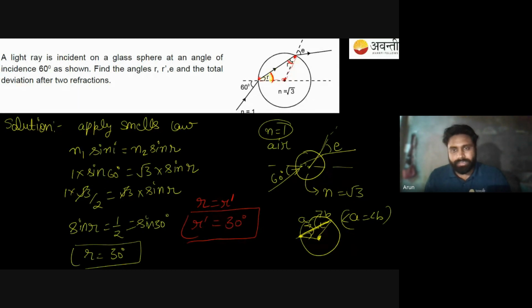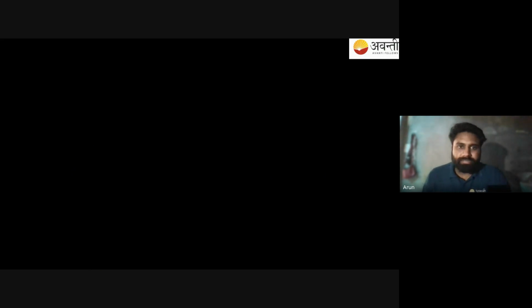Got it? Okay. Now what we have to find out? We have to find out the deviation. So what is the deviation in the first refraction? Let me change the color of it. This is the sphere you have. This is the center.